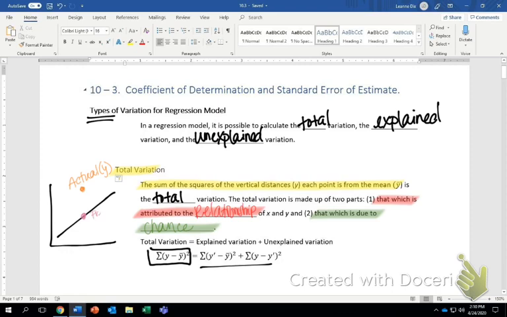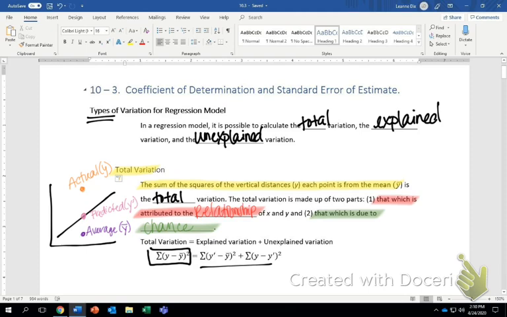Predicted, we said, is y prime. Then the average is just one number. It doesn't change at all. So my average would be somewhere down here, and this is represented by y bar.